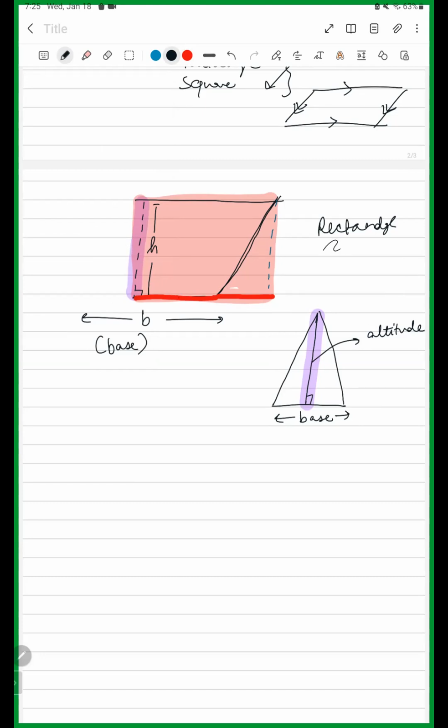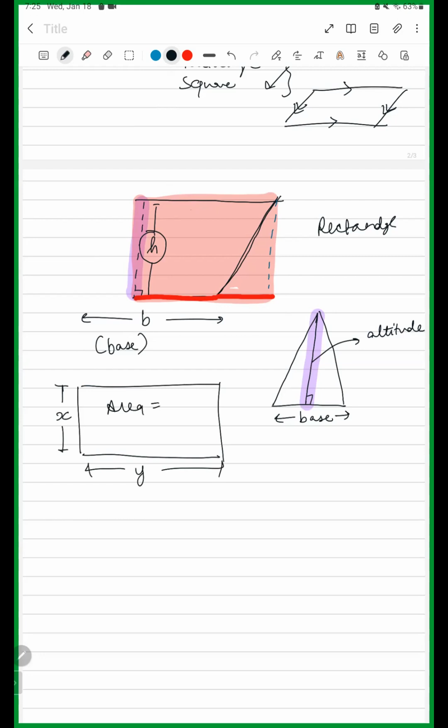The base of the, sorry, parallelogram base. Okay. तो इस rectangle का area क्या होगा? किसी भी rectangle में if you have a rectangle like this, इसको मैं x बोल दूं और इसको मैं y बोल दूं, तो इस rectangle का area क्या होगा? x multiplied by y.